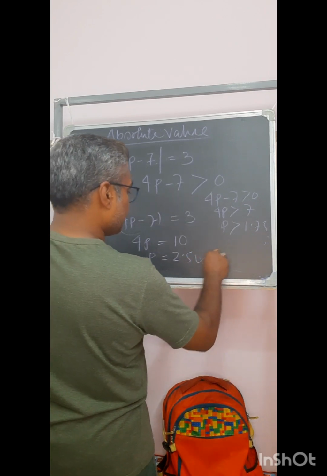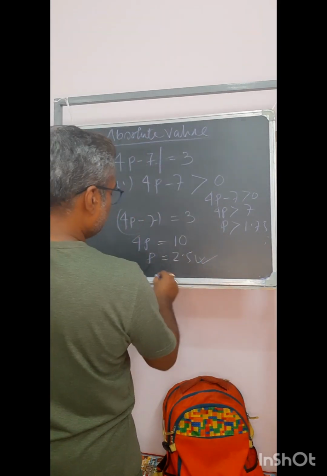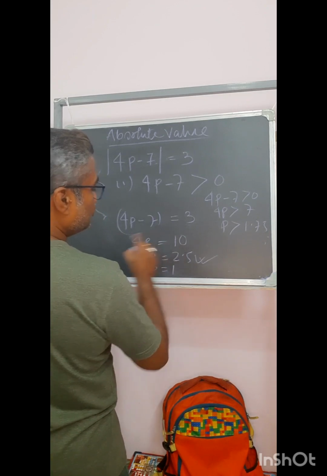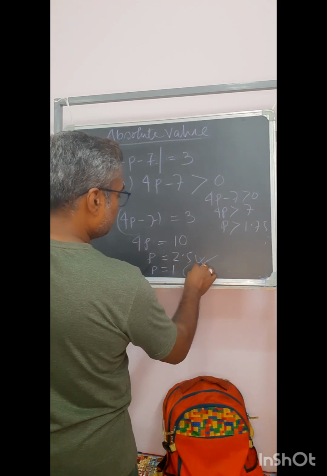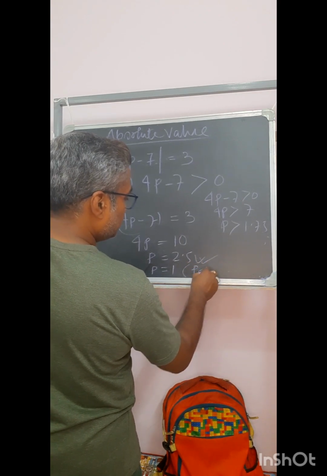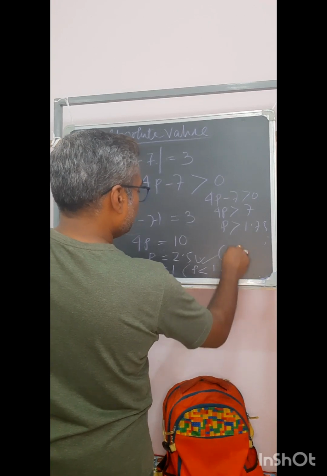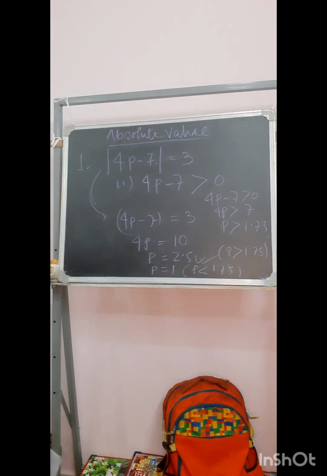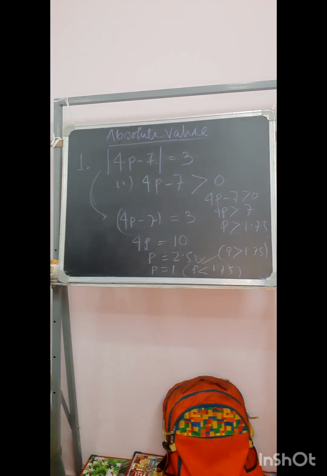So our absolute value equation has two values, where p is equal to 1 is possible and p is equal to 2.5 is also possible. But the condition is that here p is less than 1.75 and here p is more than 1.75. So this is the condition for that absolute value.